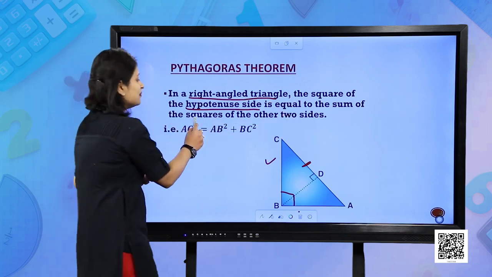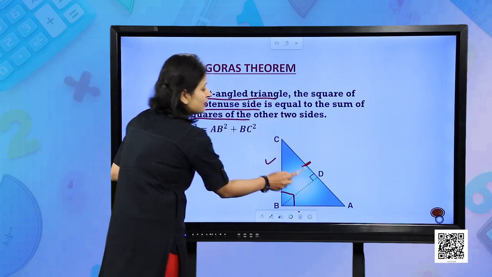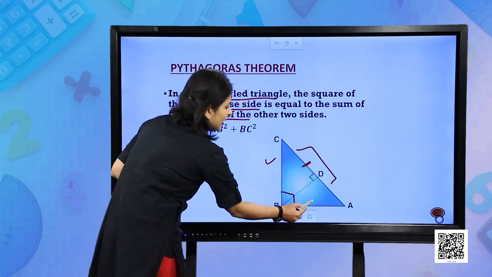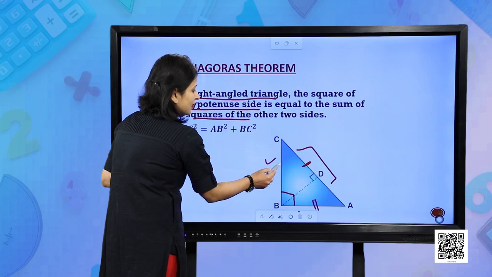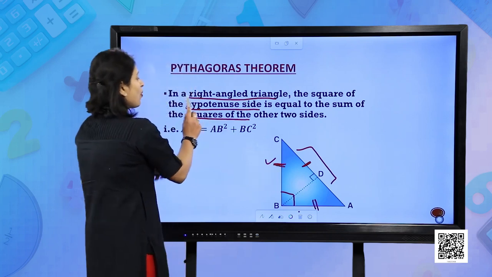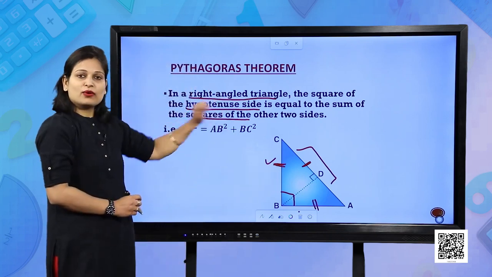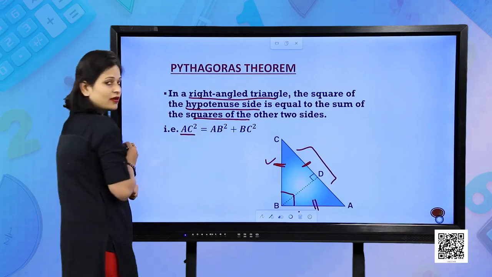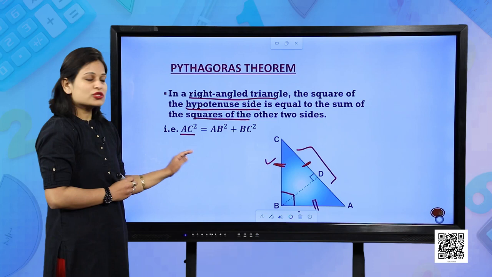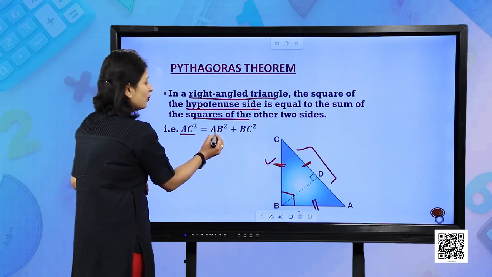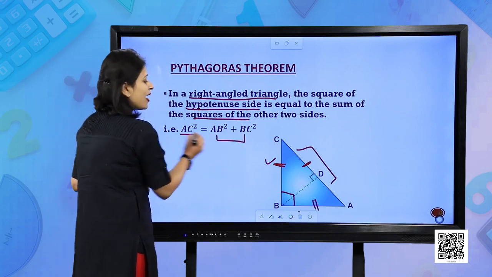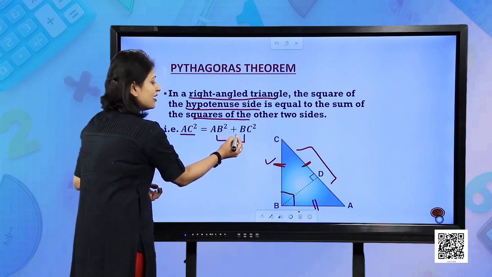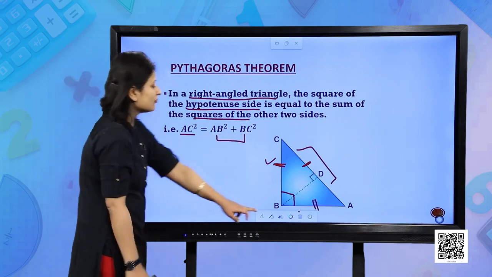As you can see, this triangle is right angled at B, so the hypotenuse is AC. The other two sides will be AB and BC. So, according to the Pythagoras theorem, AC square, that is hypotenuse square, is equal to AB square plus BC square.